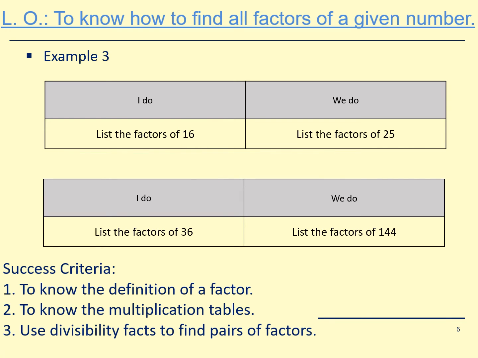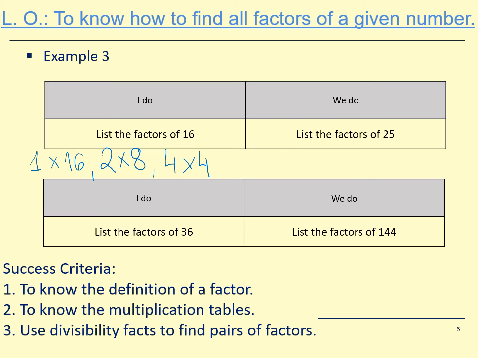Okay, we will do some more examples, and then we will move on to some practice exercises. List the factors of 16. 1 times 16, 2 times 8, 3, no, 4, oh yes, 4 times 4.